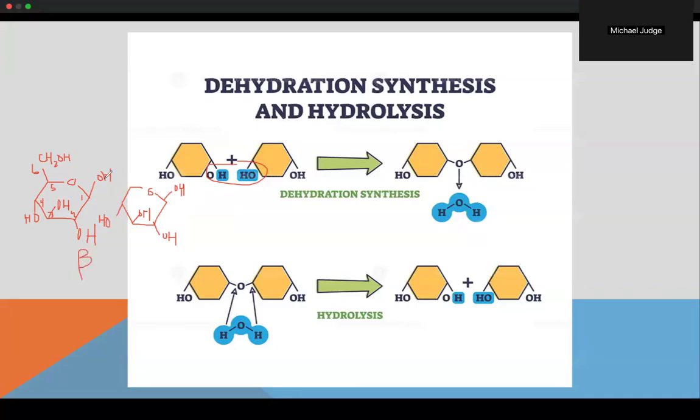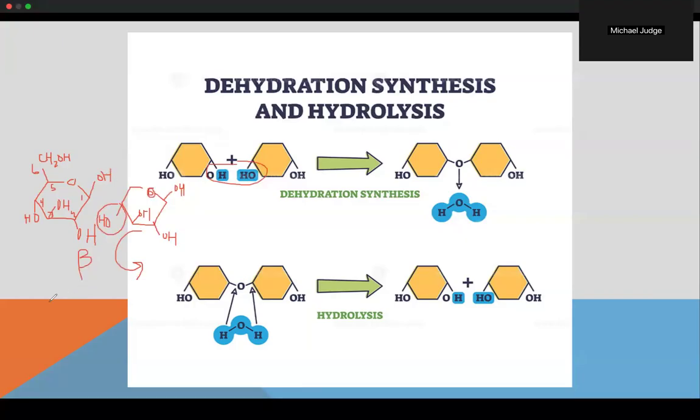The first OH in beta is up, whereas the fourth OH is still down, and they do not align, which means that the beta glucose actually needs to flip over so that this OH in the fourth position is facing upward and it can link.